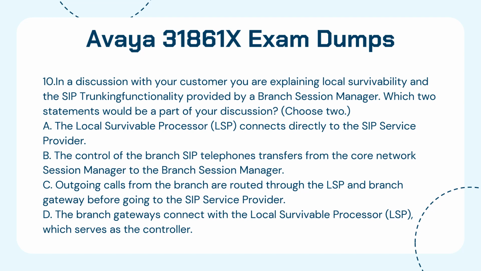B. The control of the branch SIP telephones transfers from the core network session manager to the branch session manager. C. Outgoing calls from the branch are routed through the LSP and branch gateway before going to the SIP service provider. D. The branch gateways connect with the local survivable processor, LSP, which serves as the controller.